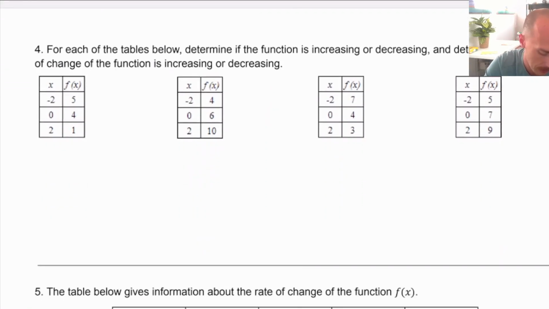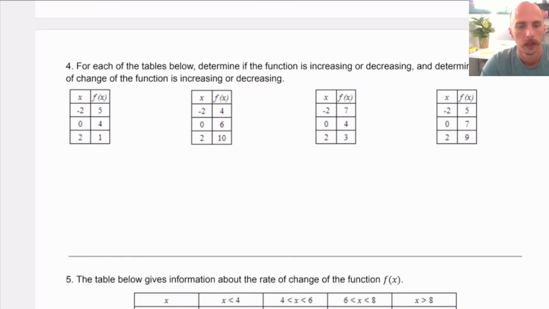And then I think, let me look at this. Yes, this is going to be the last page of it. And so now we're going to get into some tables, and I think that'll be healthy for us as well. The reason that we're not approaching this from an algebraic perspective is that determining increasing, decreasing, concave up, and concave down behavior of functions algebraically is, well, basically the first half of calculus AB.